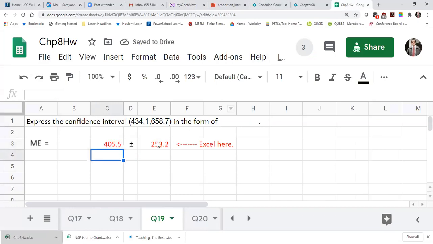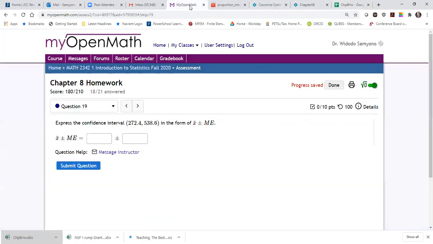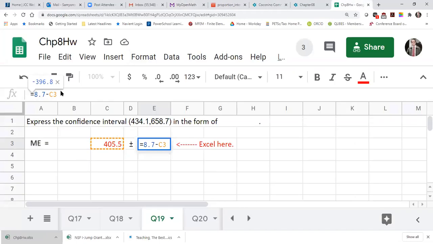And on the right side, you simply subtract 853.6 with the mean, okay? 853.68. Right. 538.6 subtract with the mean, right?